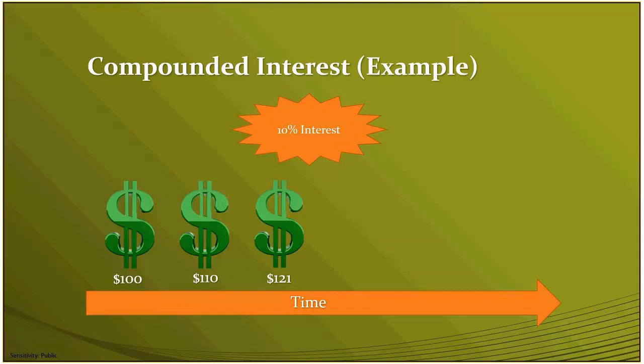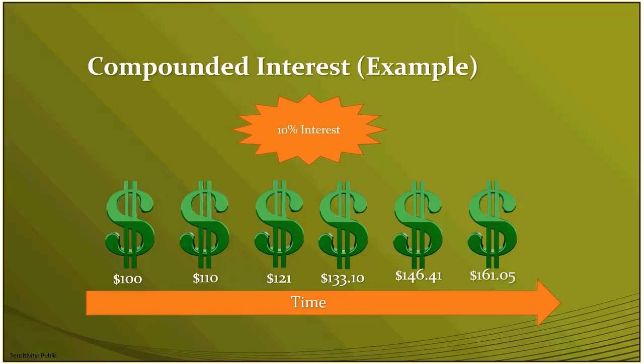And year after year, it just keeps going up, keeps going up, keeps going up. And so it's pretty impactful. It's incredibly impactful when you have long periods of time. So typically around retirement accounts, that's where it's most impactful when you have 20, 30, 40 years for that interest to compound and just keep growing.